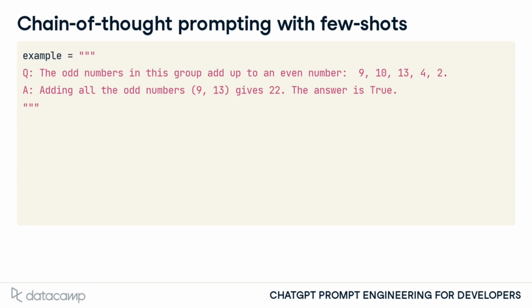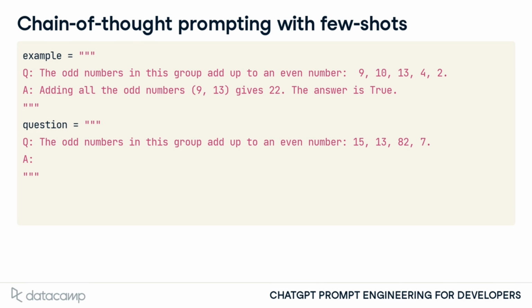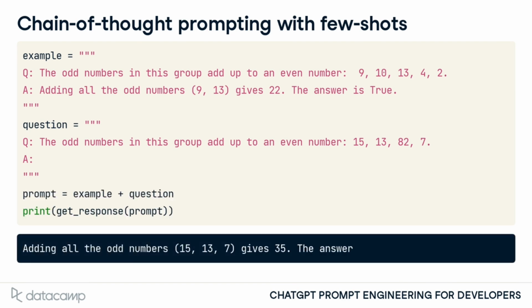This exemplifies the steps: finding the odd numbers first, then summing them to verify the statement. We then provide a new question with an A for the model to answer. We combine the example and the question to obtain the final prompt. As a result, the model follows a similar logic in its response.